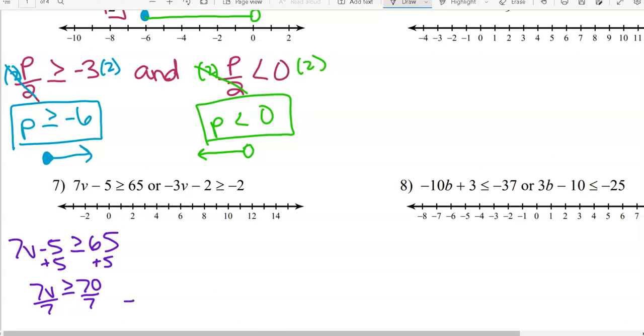Nope. So we have v is greater than or equal to 10. That's going to be closed, right? And go to the right. So 10 and this way.